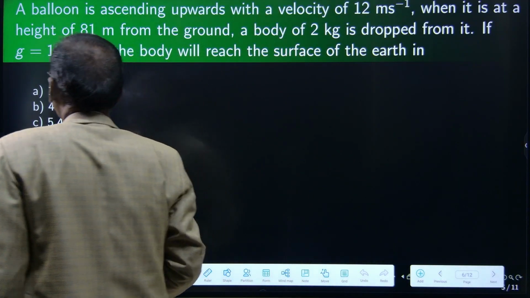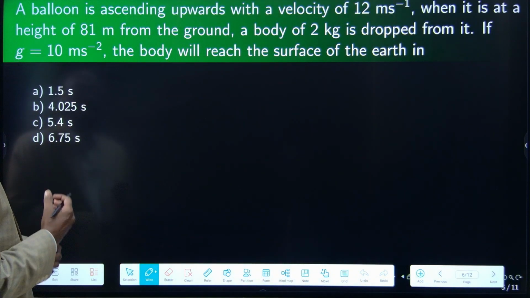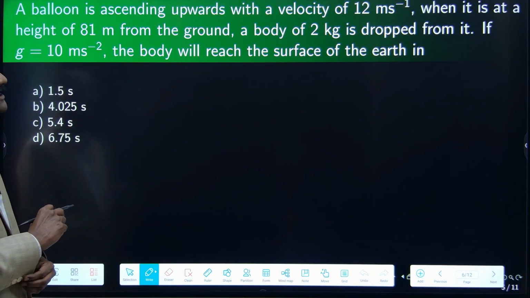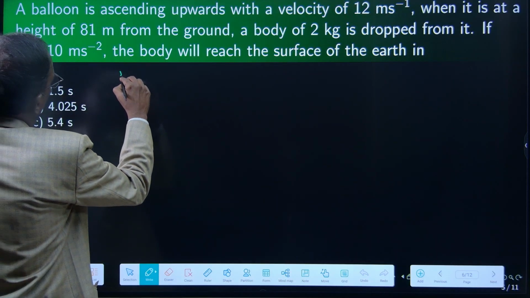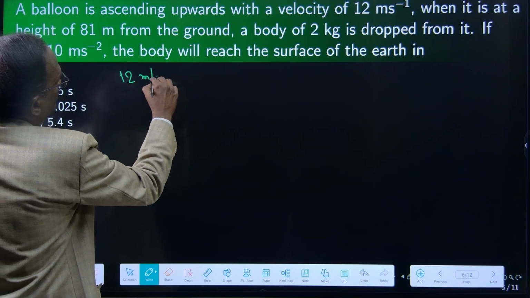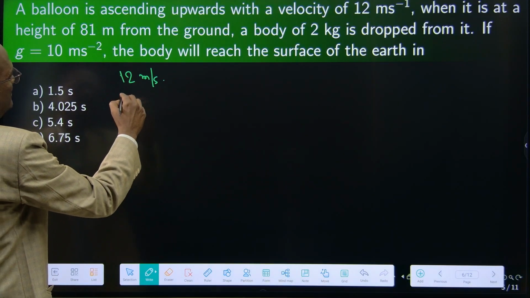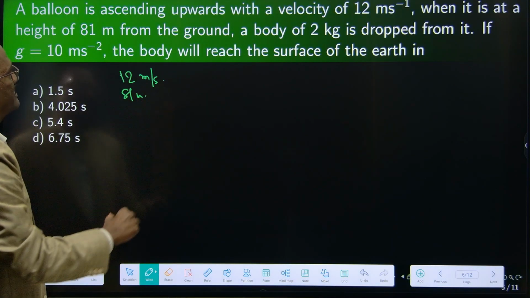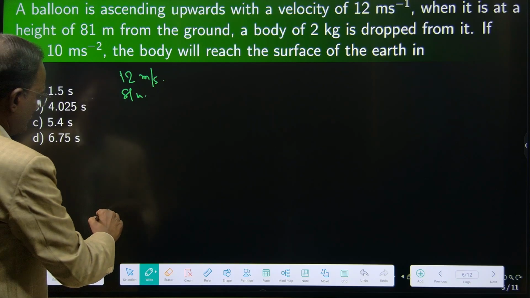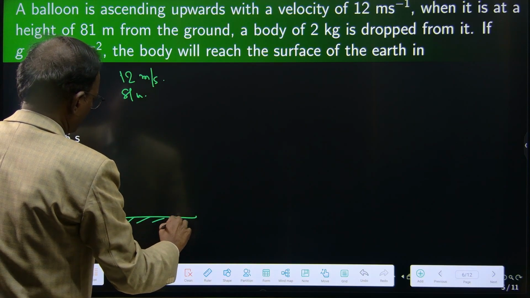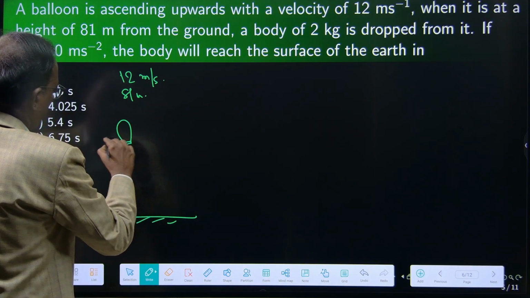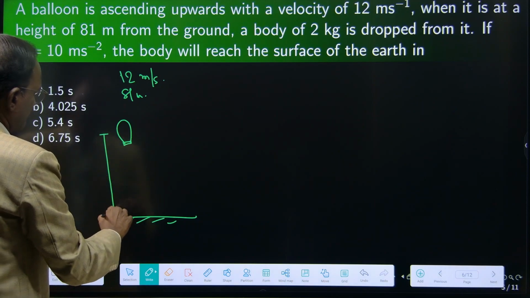This is problem number 3. A balloon is ascending upwards with a velocity of 12 meter per second, when it is at a height of 81 meter from the ground.